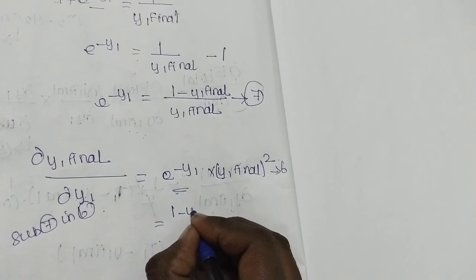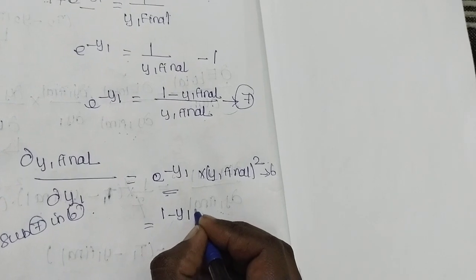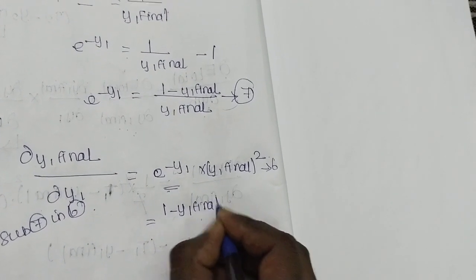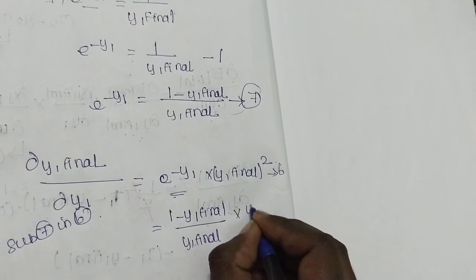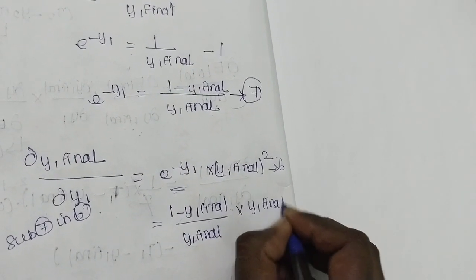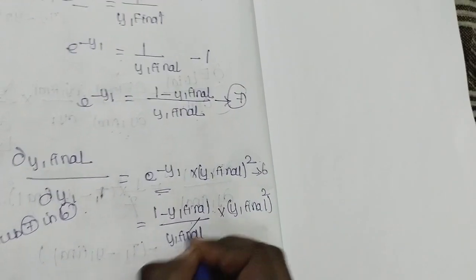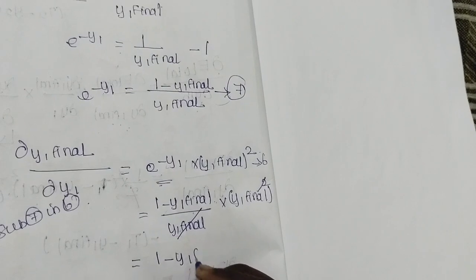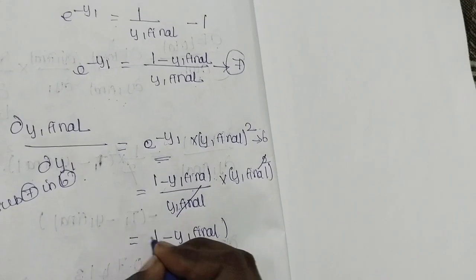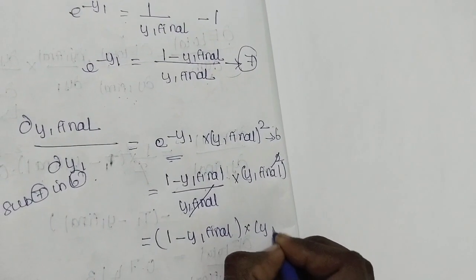What you got is 1 minus y1 final by y1 final into y1 final the whole power 2. Now simplify this and finally you get 1 minus y1 final into y1 final.